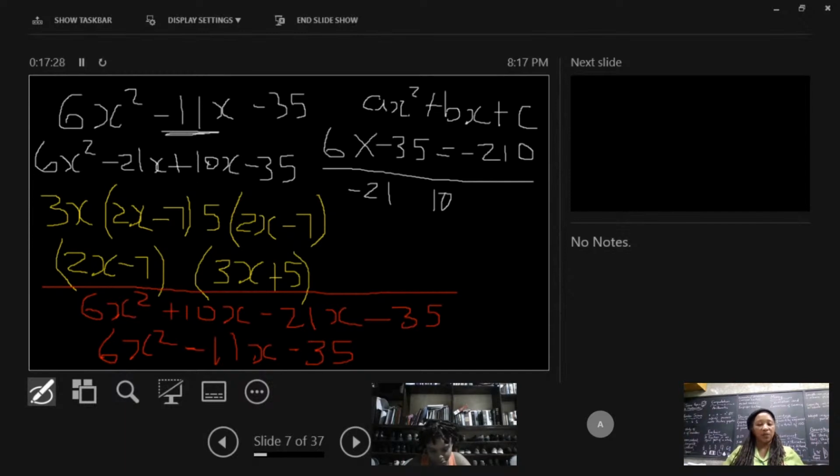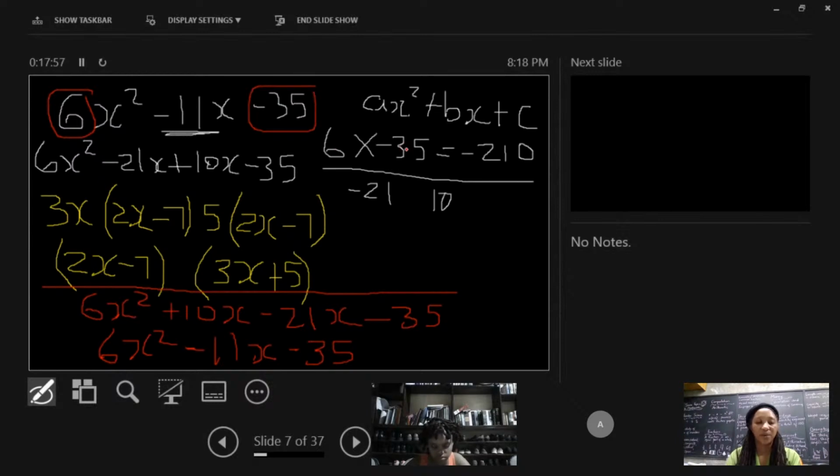All right, so we're going to revise this and we're also going to do another example, and then I'm going to allow my scholars to do some on their own. So what we did first, we multiplied the coefficient of the x squared term, which is 6, by the constant term, which is negative 35.